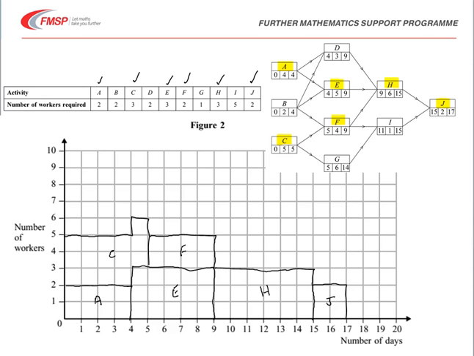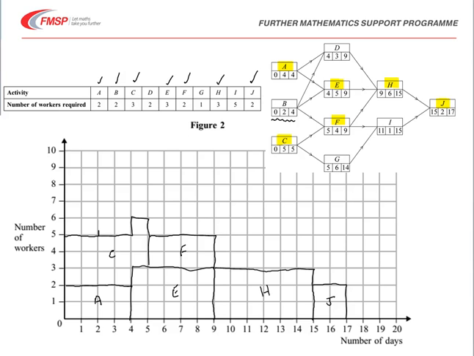The other activities are non-critical. So let's look at B first of all, and we want to start it as late as possible, remember. So if B takes 2 days and must be finished by day 4, we can start it on day 2, so it would be 2nd day and 3rd day, and it takes in 2 workers.